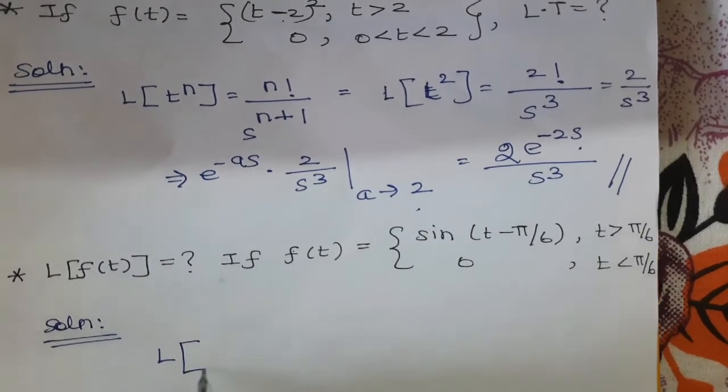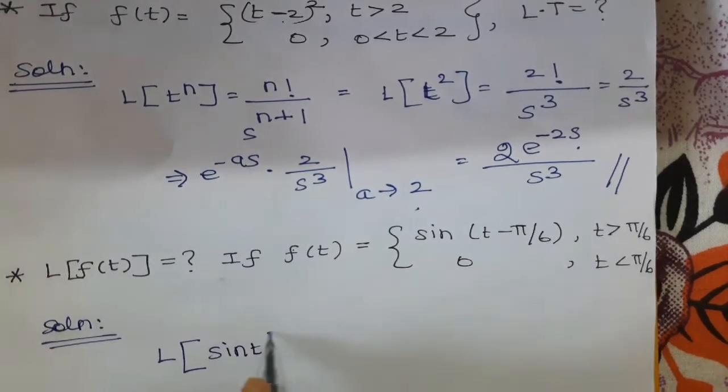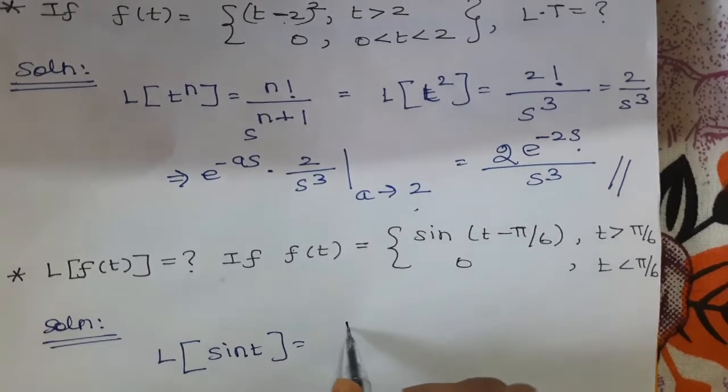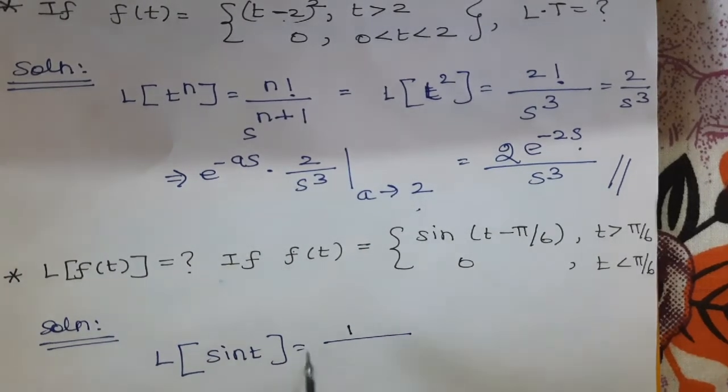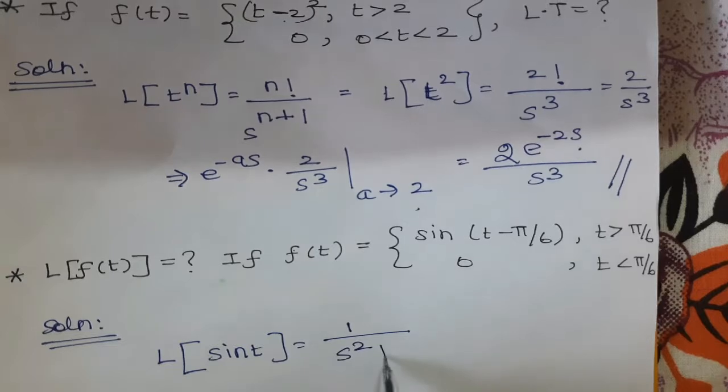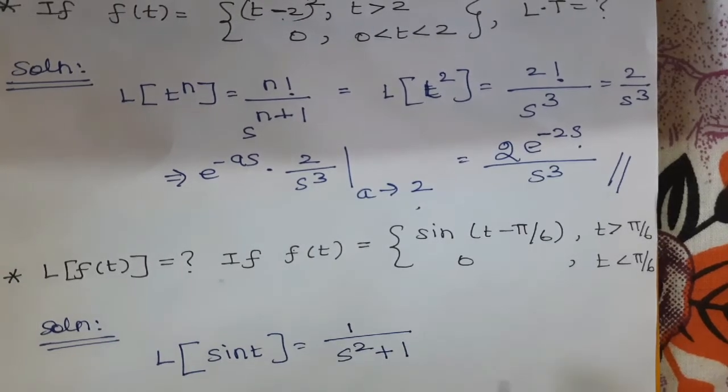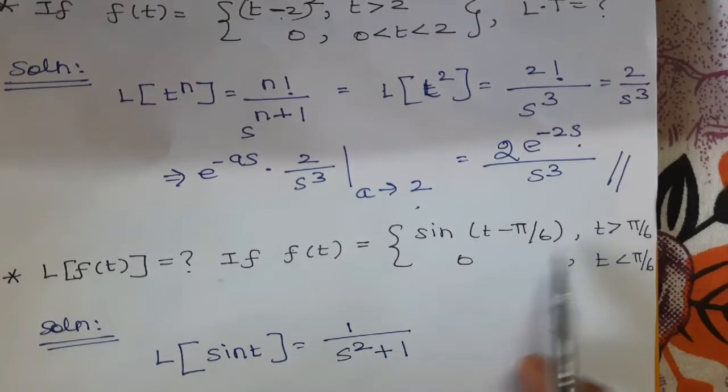We know that the Laplace transform of sine t is equal to 1 divided by s squared plus 1 squared, where a is 1 here, so we get 1 divided by s squared plus 1. This is the F of s function. Some delay is given.